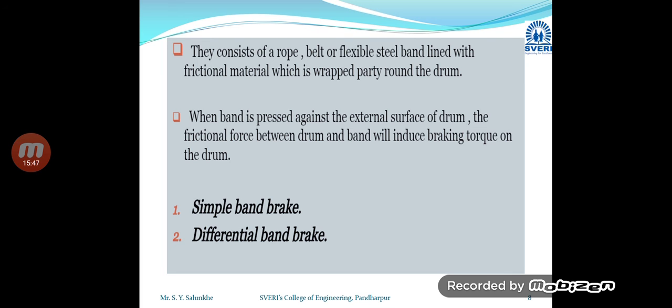You may ask why it is not wrapped 360 degrees. If we wrap it 360 degrees, there are problems in creating motion in the drum. So it is partially wrapped, and we apply the external force to create the frictional force and stop the drum.